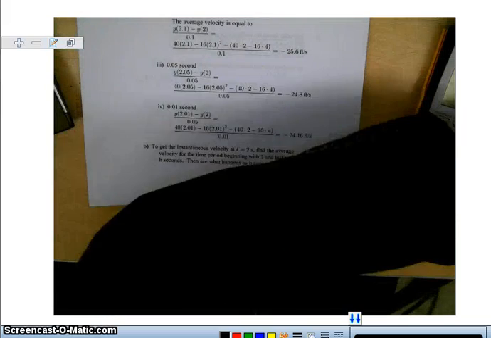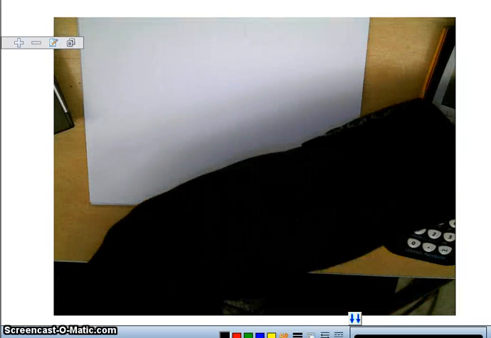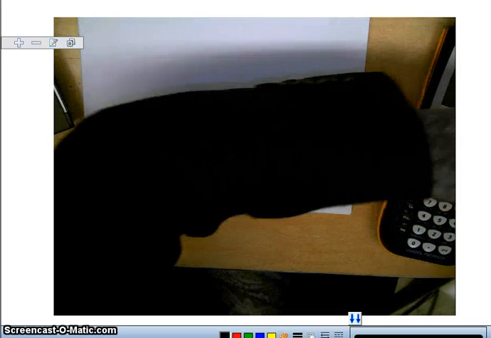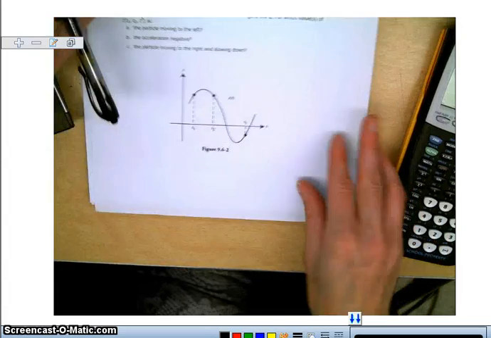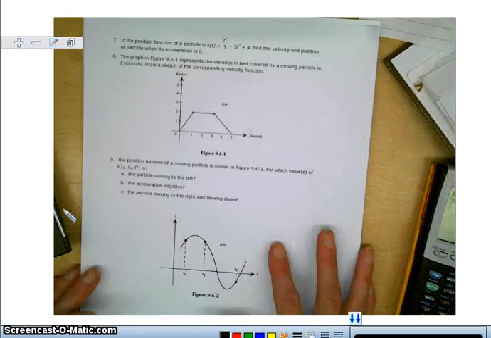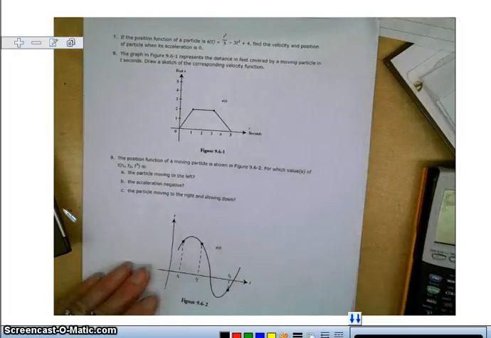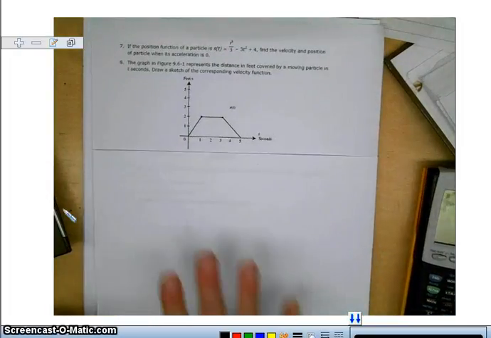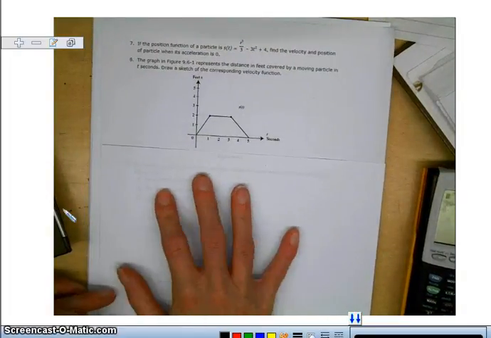All right, so the last example that I want to look at is just this number 8 right here. It's not a trapezoid.